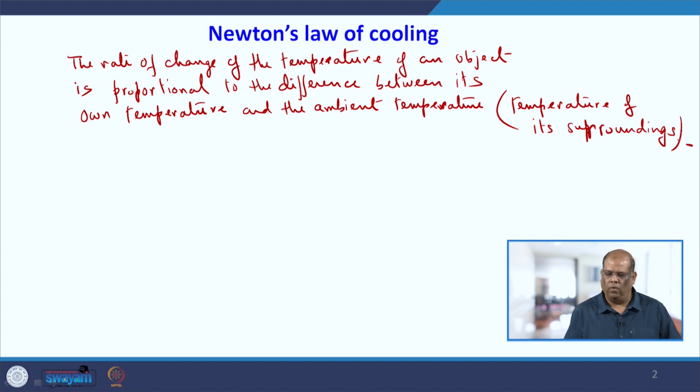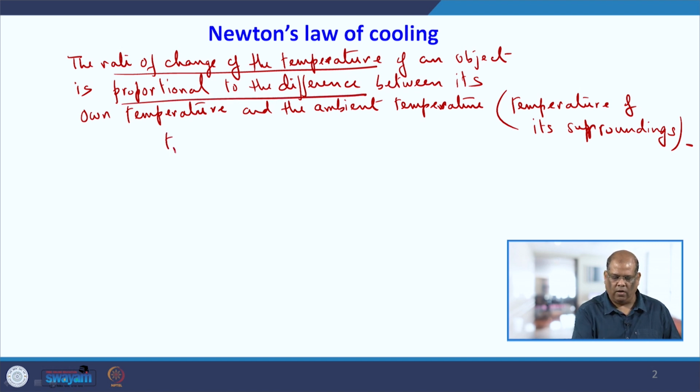So, if you want to mathematically write this, the rate of change of temperature is proportional to the difference. The rate of change in the discrete case is given by the temperature after n time and the difference with the n plus 1th time.